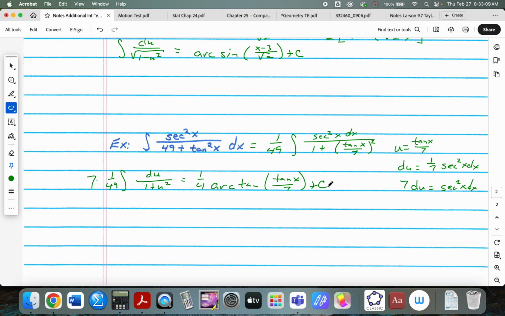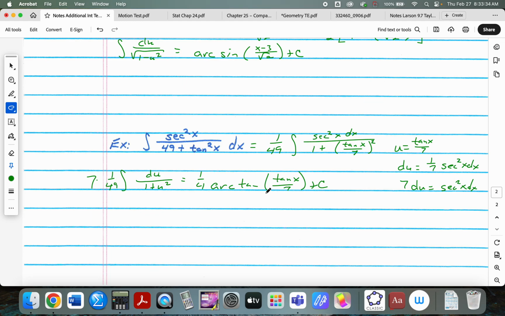And there's probably a way to do something with the arctangent and the tangent, but you can't just go, oh, that's x over 7. That doesn't work. Because the 1/7 is part of what you're taking the arctangent of. I don't think you can simplify it. If you can, I don't know what it is.